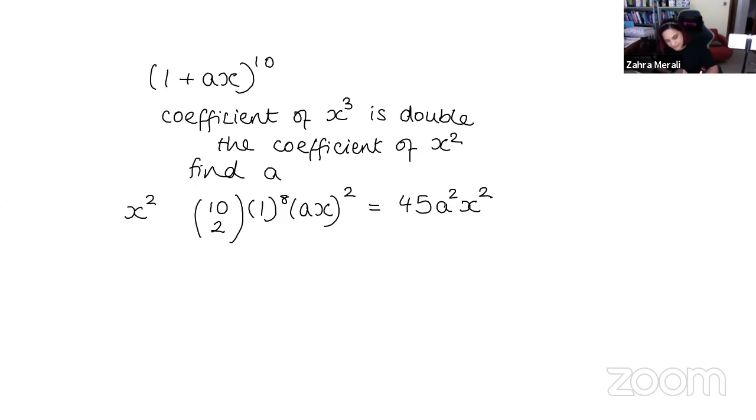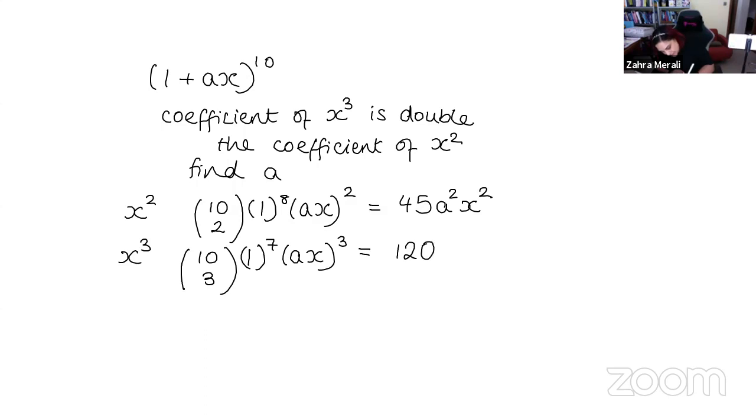So now let's think of the x cubed term. So the x cubed term, we're going to have 10c3, 1 to the power of 7, and then ax cubed. So 10c3, I'm going to stick that in my calculator, and I get 120. And then I've got a cubed, x cubed.